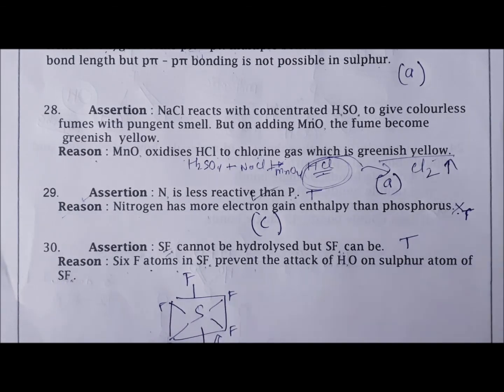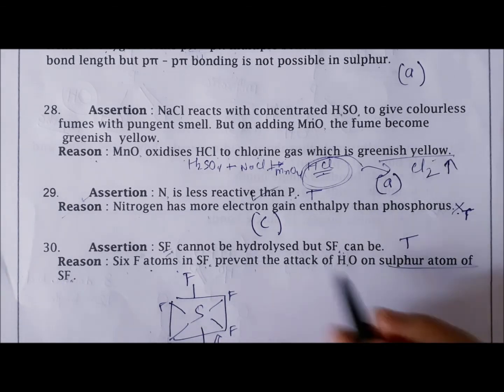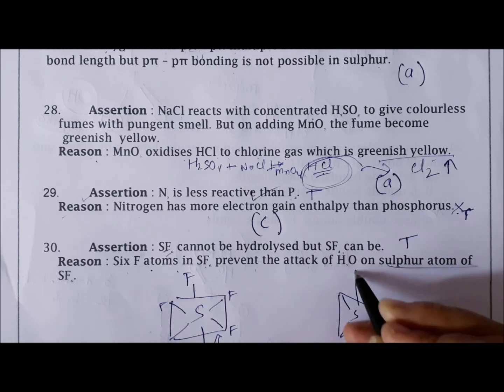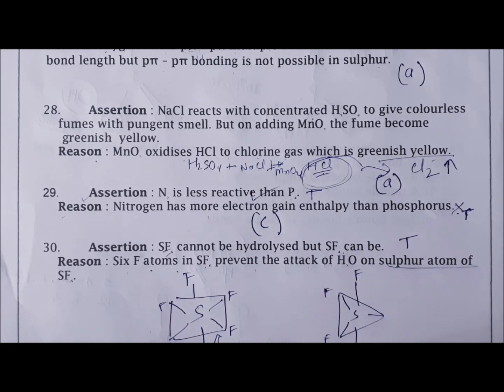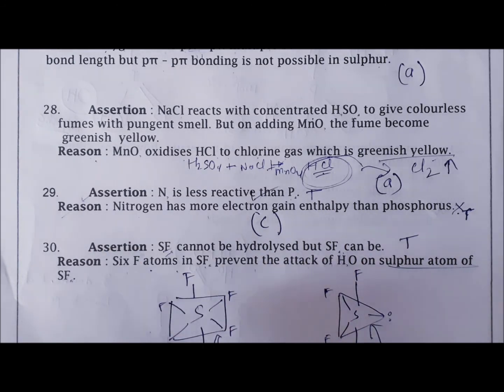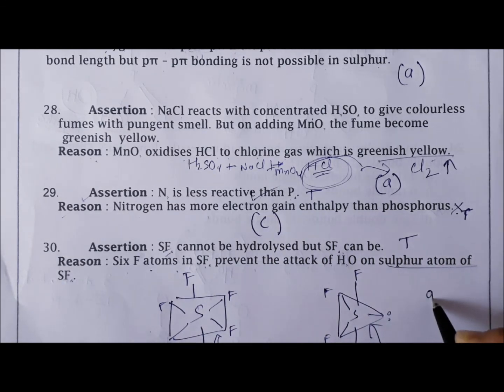So the reason is correct here. Whereas in SF4, the sulfur is not sterically protected, so it can easily be hydrolyzed or attacked by water. So the assertion is correct, the reason is correct, and the reason is the correct explanation of the assertion. Again for this question the correct answer is A.